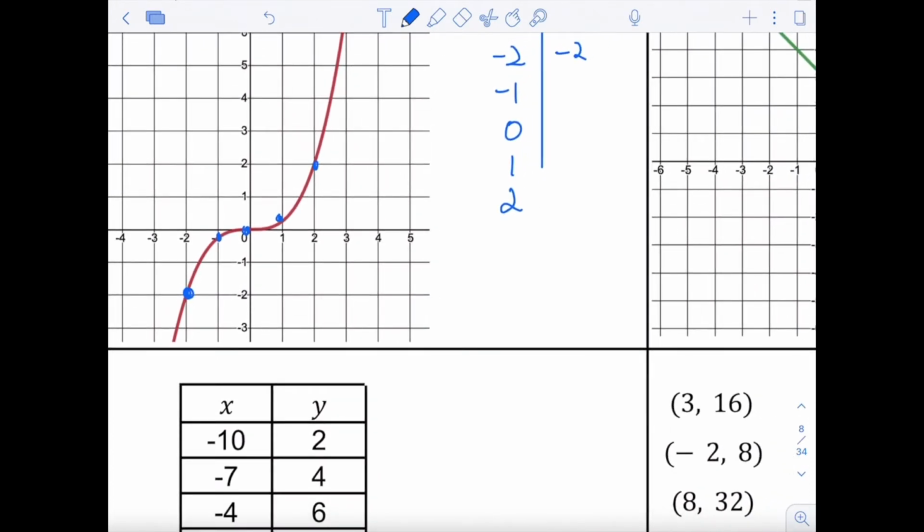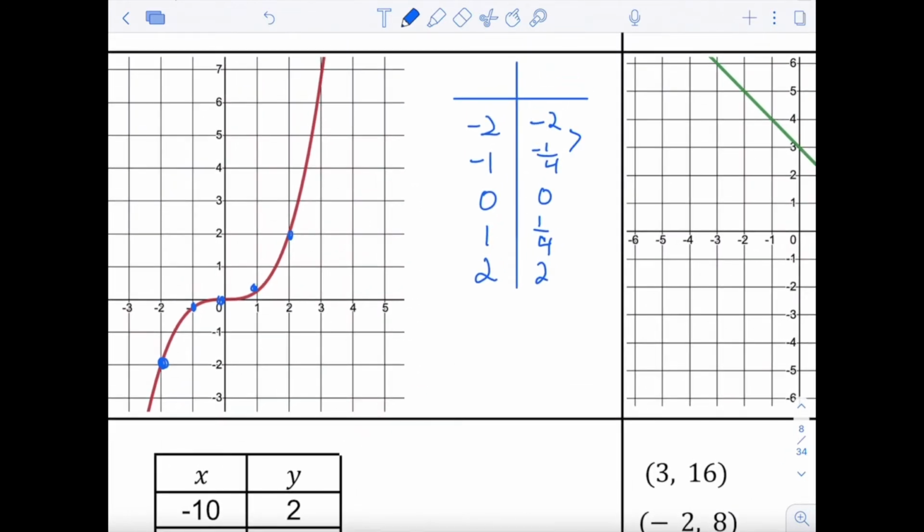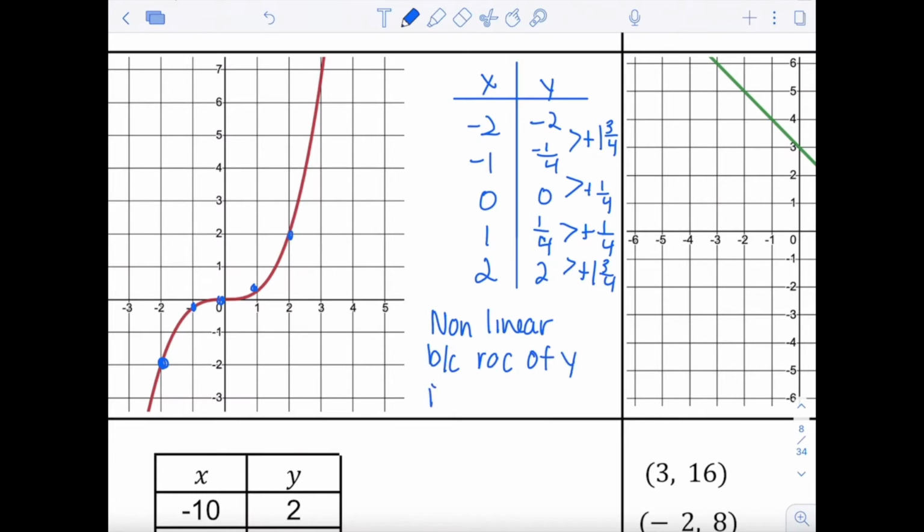I'm going to call it maybe -2, -1/4, 0, +1/4, and 2. Okay, so I can see that I'm adding 1 3/4. I'm adding 1/4. I'm adding 1/4. I'm adding 1 3/4. Okay, so again, this is non-linear because the rate of change, we can call it the ROC of Y, is not constant.